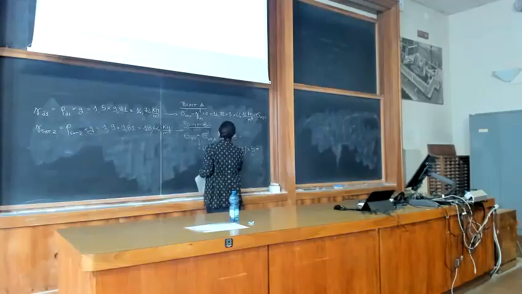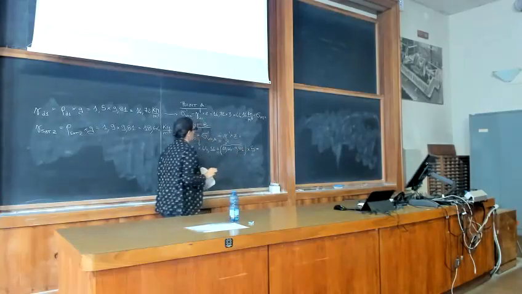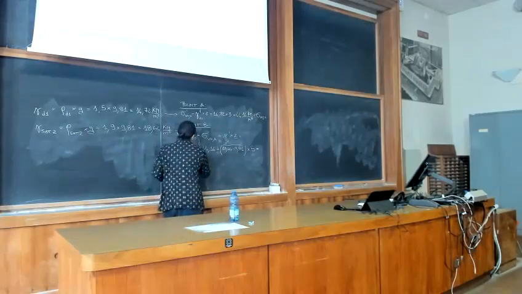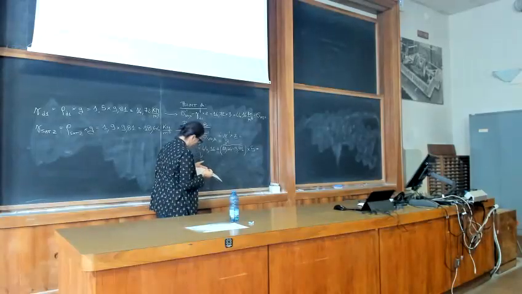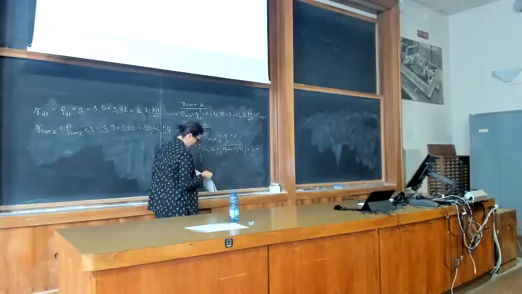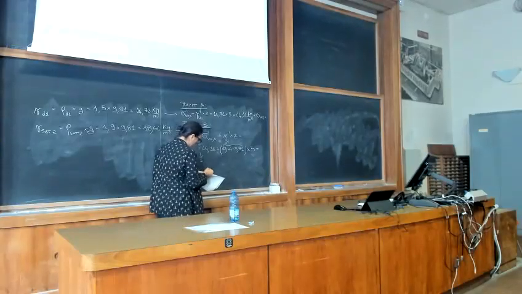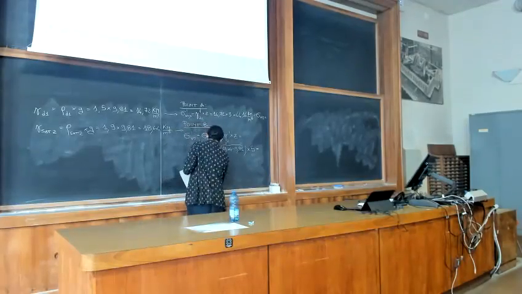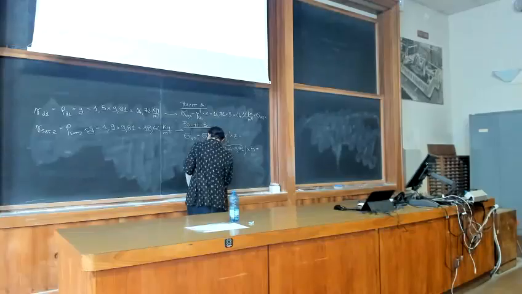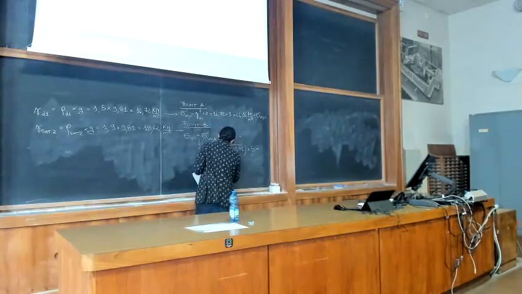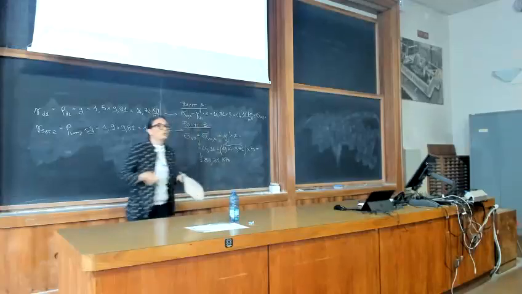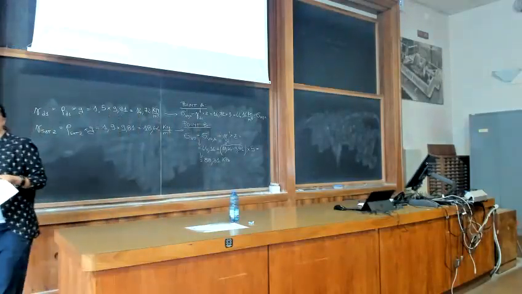This is gamma dash 2. So if you perform this calculation, you obtain 88.31 kPa or kilonewton over square meter.